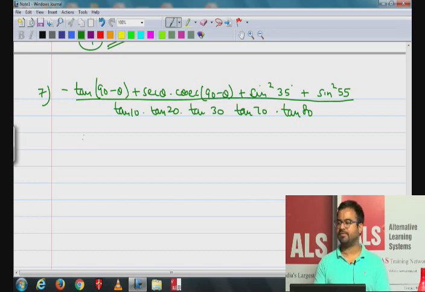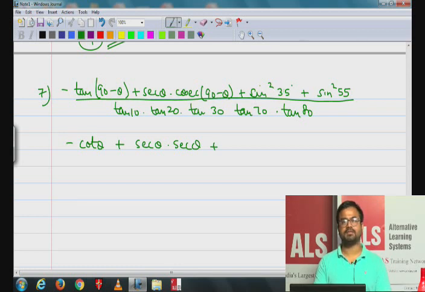See, when we simplify this one, tan of 90 minus theta is cot theta, cosec of 90 minus theta is sec theta. This is sin square 35.